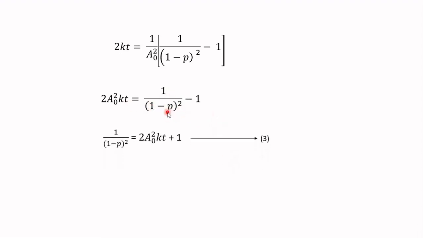Then you rearrange it. You take minus 1 to the left hand side, it becomes plus. 1 divided by (1 minus p) whole square equals 2 A naught square kt plus 1. You call it equation number 3.